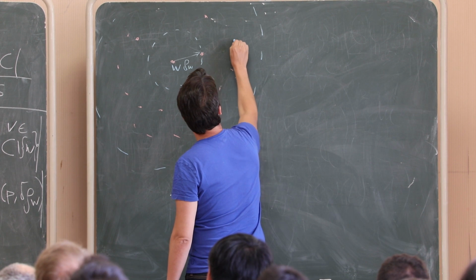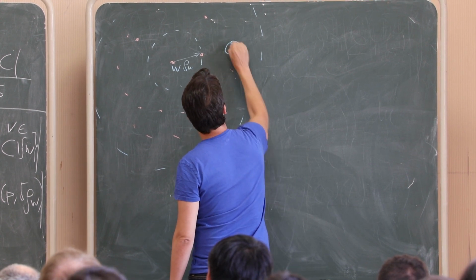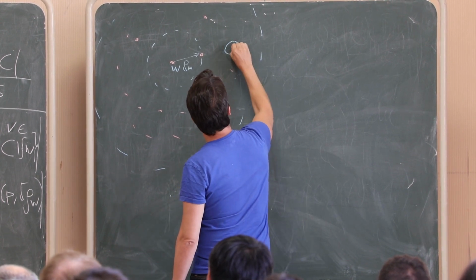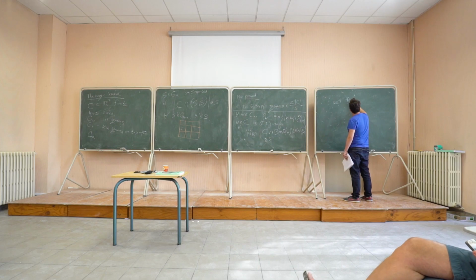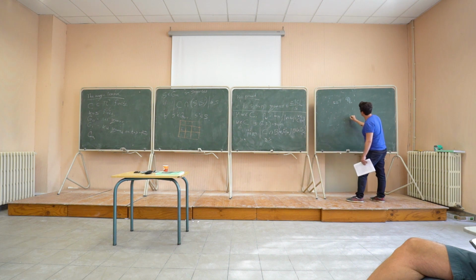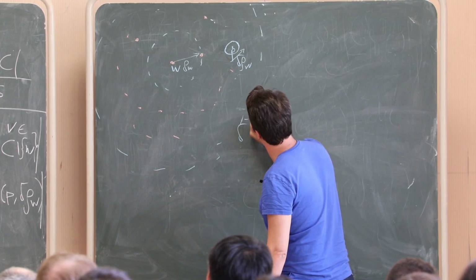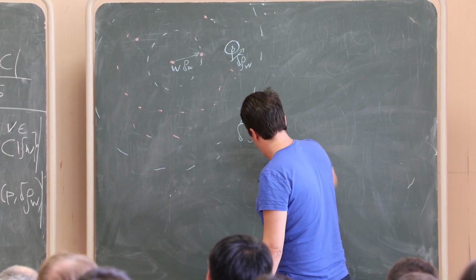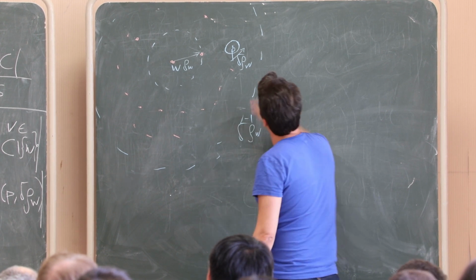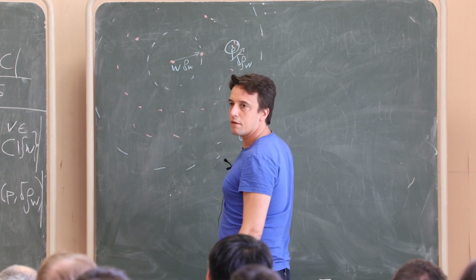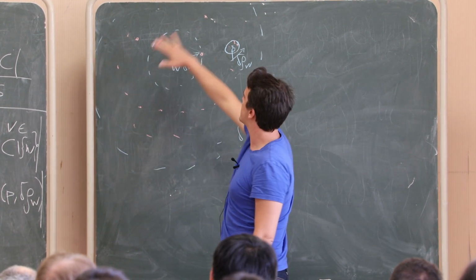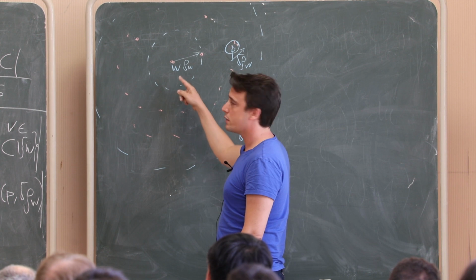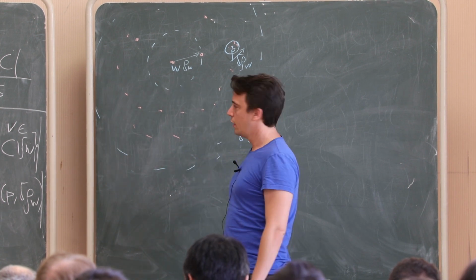So if I could remove a ball here of radius delta times rho W around the point P, where the outer radius is delta to the minus 1 rho W, and all my points are in here, then the point is not delta S supported. And if the points are spread out, then the point W is delta S supported.